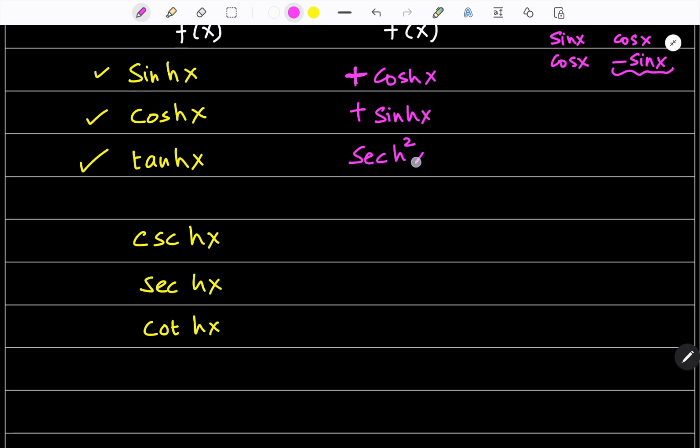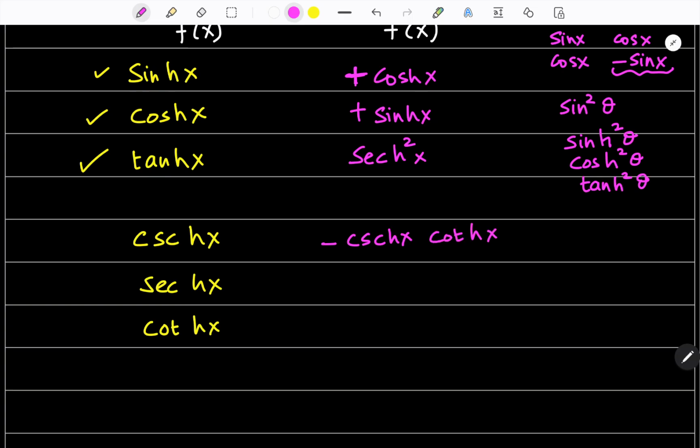The derivative of tan hyperbolic x is secant hyperbolic square. Actually, for sine square theta we write square and then theta, but for hyperbolic you write the hyperbolic and then the square and theta. Now cosecant: minus cosecant hx cot hx.